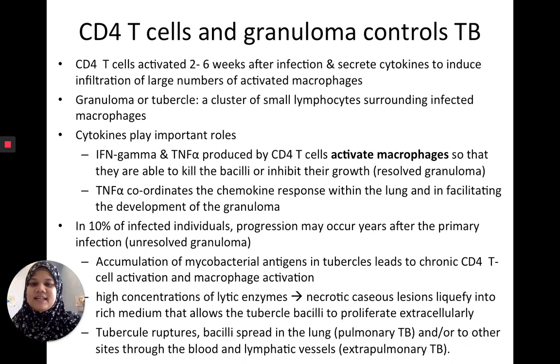Okay, where were we? Yes, so now that the tables have turned, the granuloma that was supposed to contain these bacteria are now like little mini vessels of media, because the macrophages that were infected with the bacteria and were containing them before have now lysed, and they've become a really rich medium that allows the bacteria to suddenly grow very rapidly.